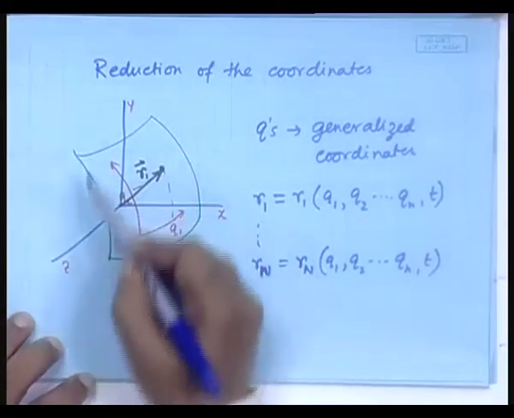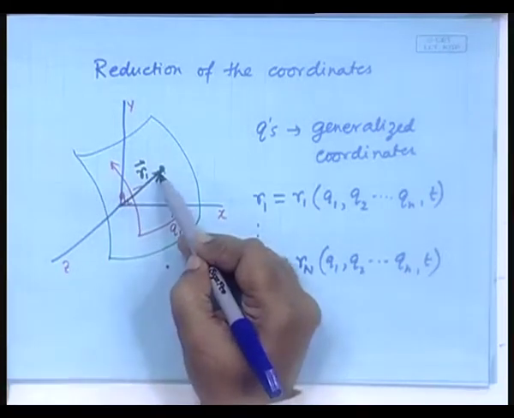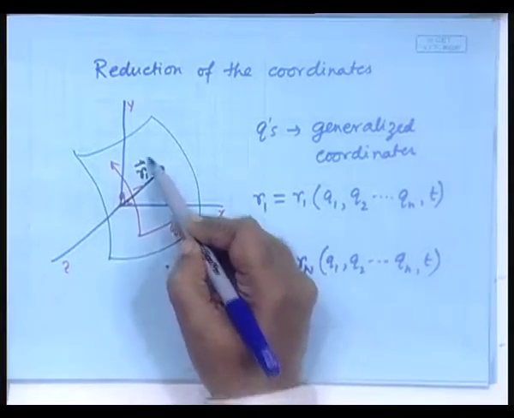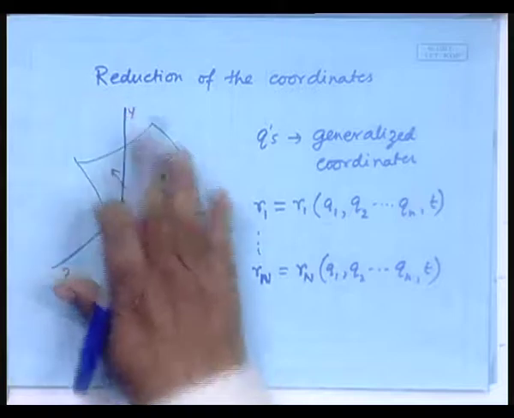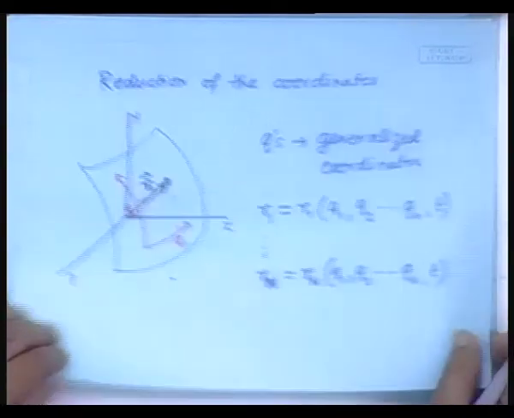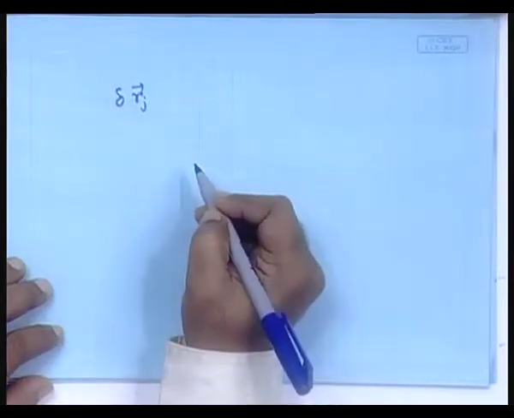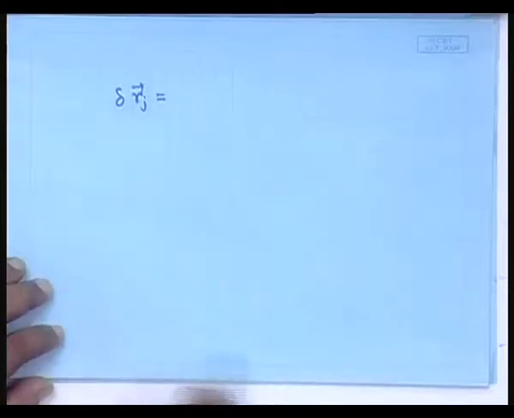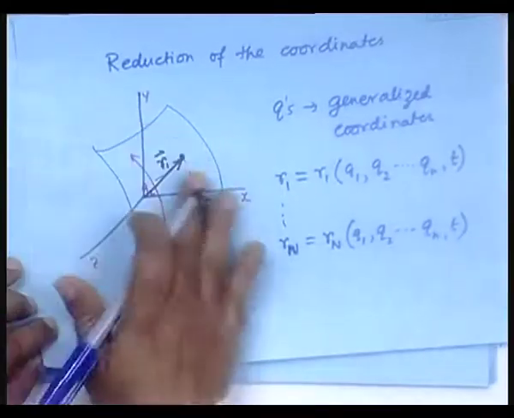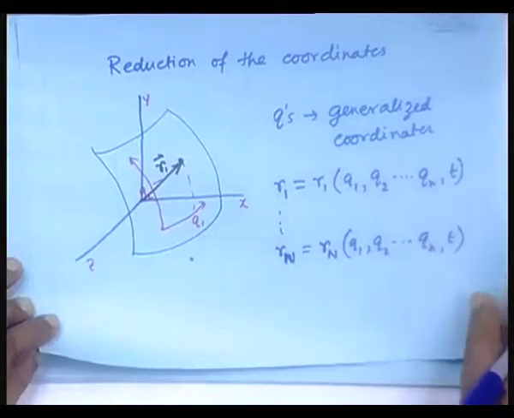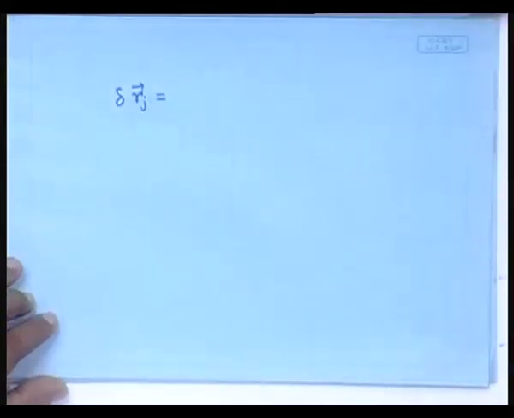let us get back to this picture. This was the position r of a body. If I ask you what is its admissible motion, its admissible motion is on the surface. So, your admissible motion delta r j has to be on the surface, and that now has to be expressed in terms of the new coordinates. And how would you express that in terms of the new coordinates? Exactly the same way.